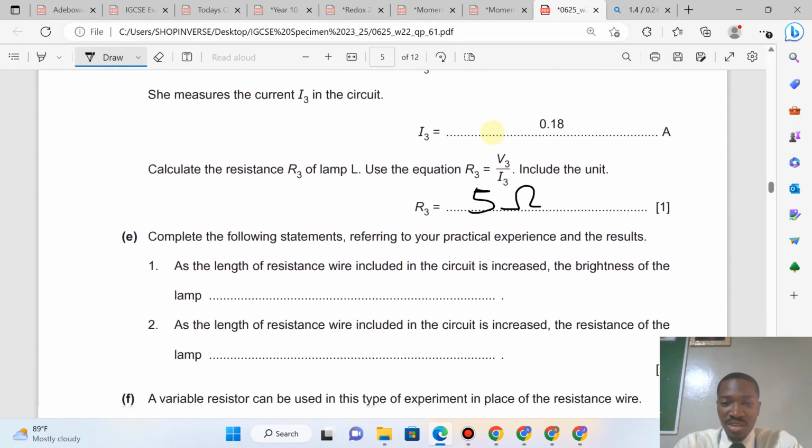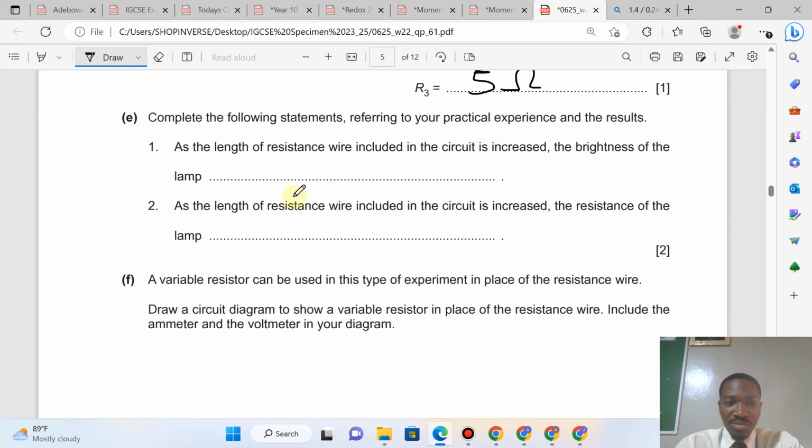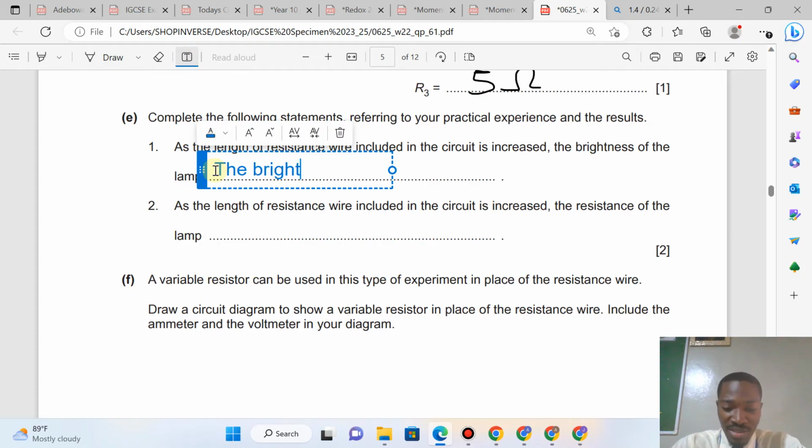Now look at this. How would you comment about the brightness of the lamp? What happens to the brightness of the lamp? It's obvious that since the current is reducing, then the brightness of the lamp is reducing. The brightness of the lamp reduces. That's all. Easy, right? Of course it is easy.